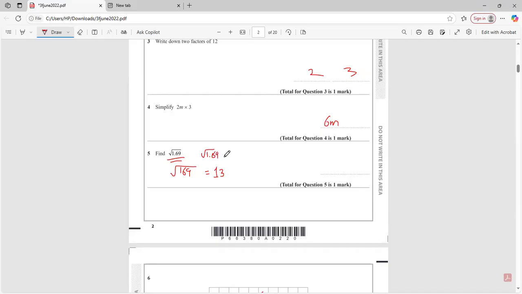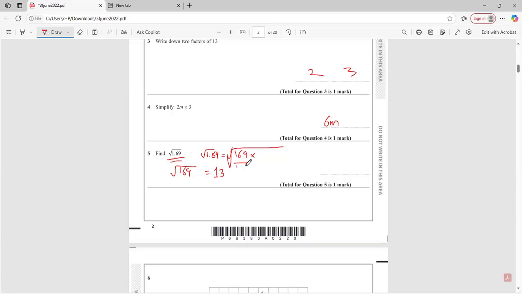The square root of 1.69 is the same thing as the square root of 169 over 100.